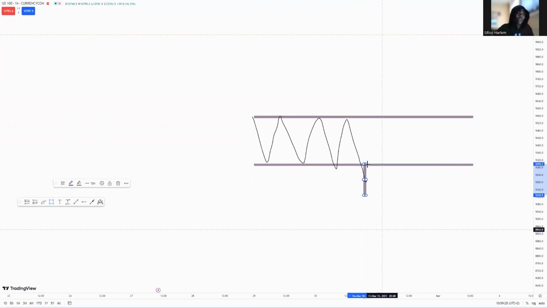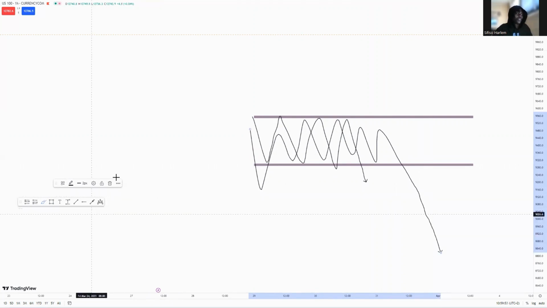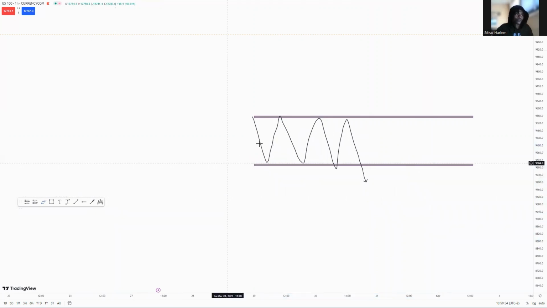Always remember that with price breaking out impulsively from our support, there's a possibility that price will continue with the bear movement to the downside, because price has been trading support and resistance until price impulsively closed below our support with a bear engulfing candlestick. There's a possibility that price will continue moving to the downside.